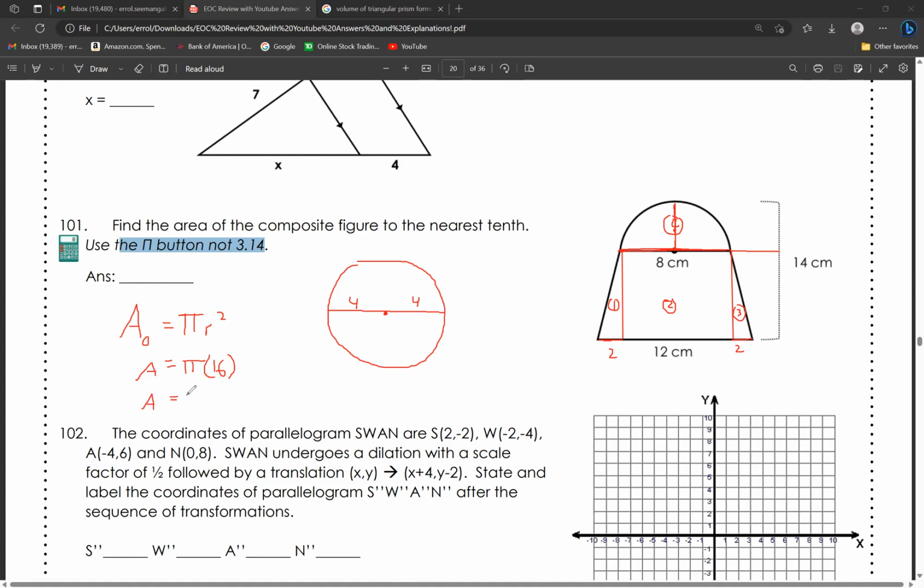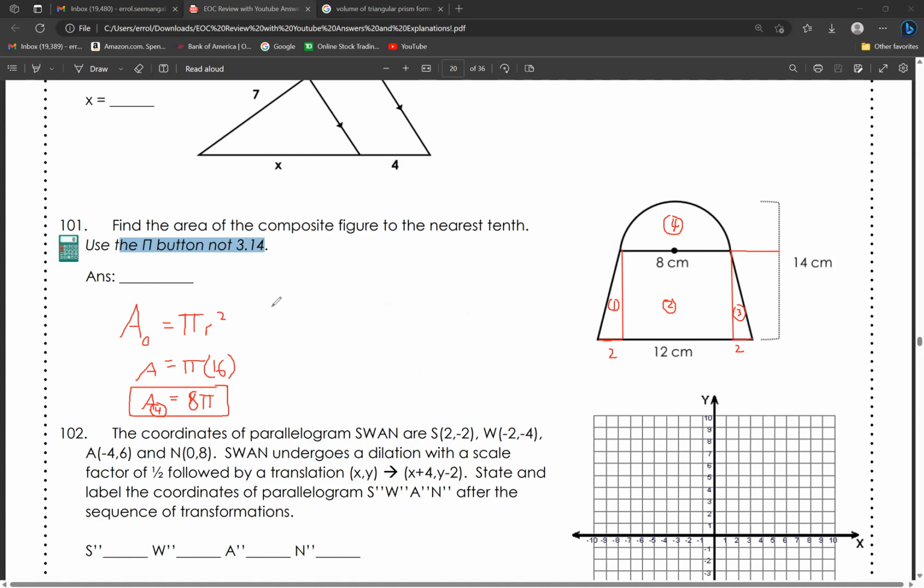So the area would be 8 pi, because it's half of the circle, not the whole circle. Okay, so we got that part done. We know the area is 8 pi for part 4.